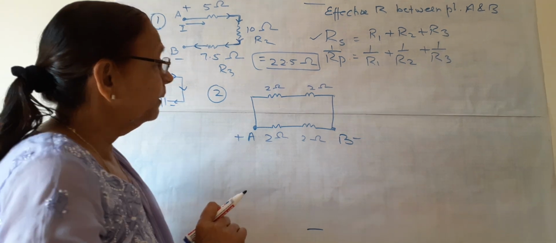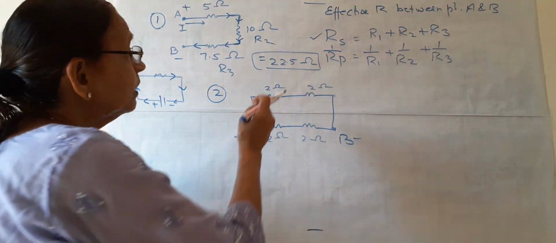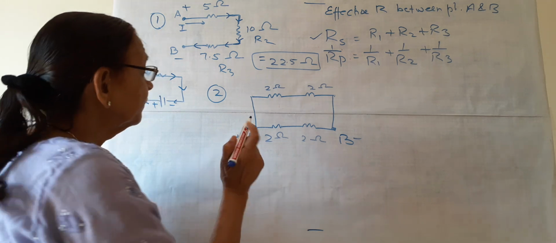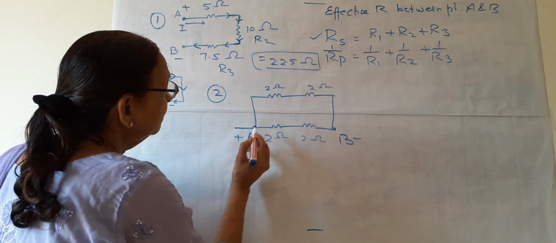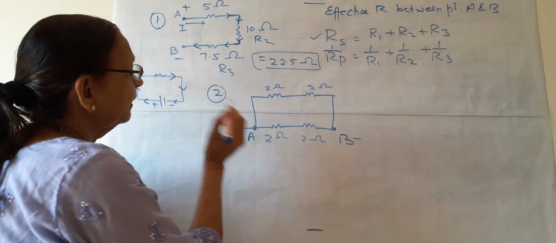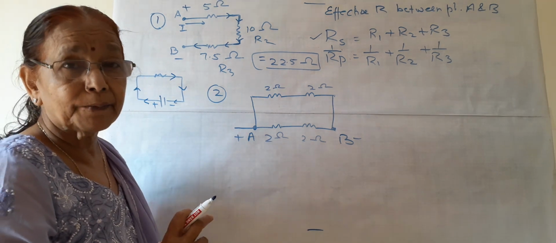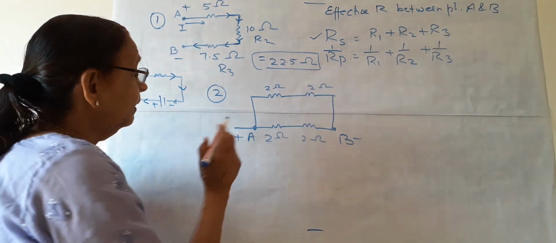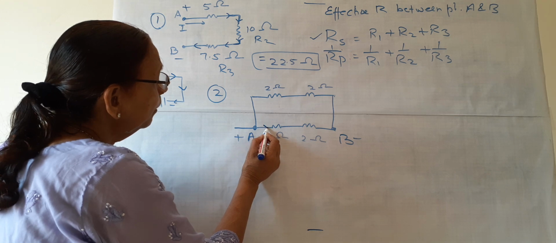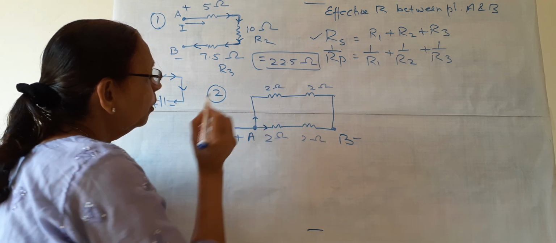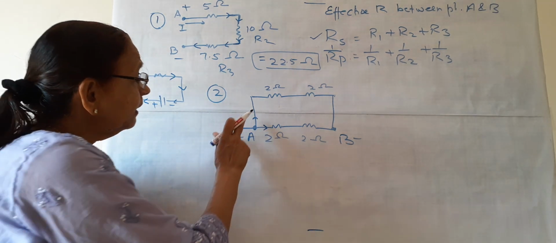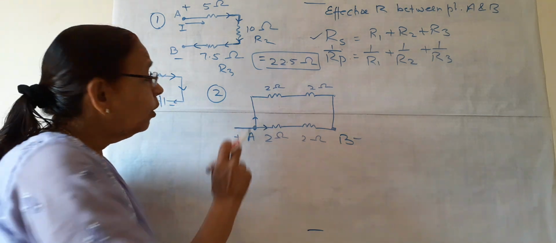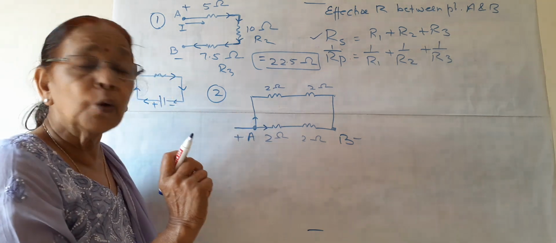Now what will happen? Where will the current go? Is this series or parallel? Suppose this is the plus one. So the current will enter from point A. But look here. This current can go either to this side or to this side. It has 2 roads or 2 paths to go.